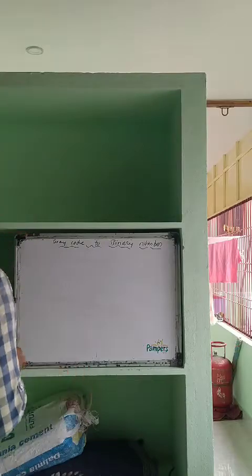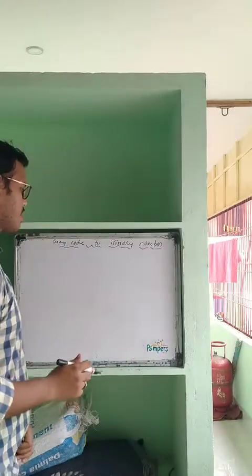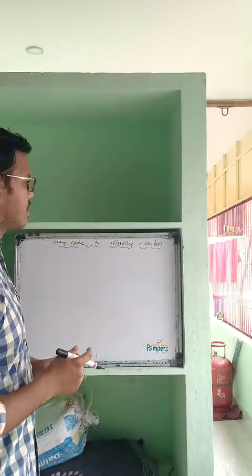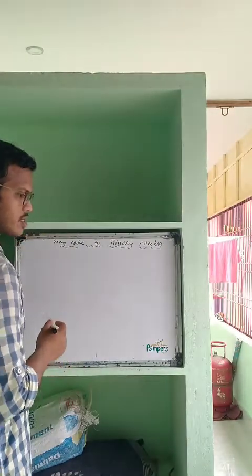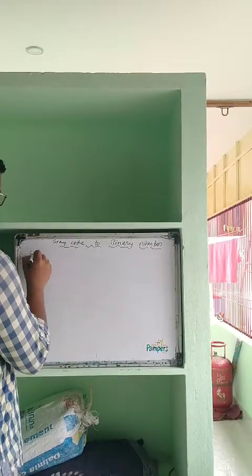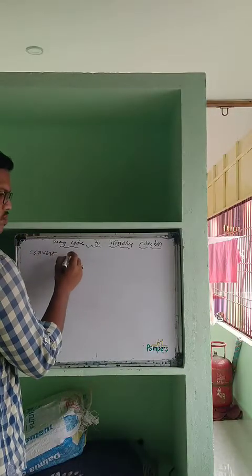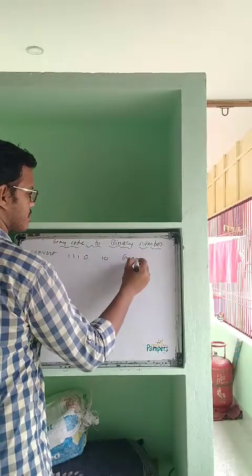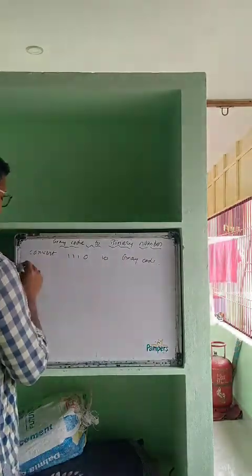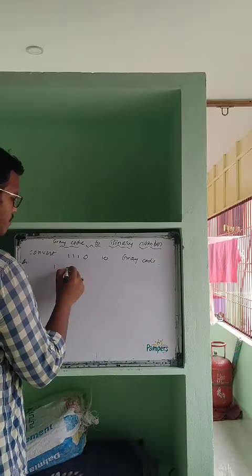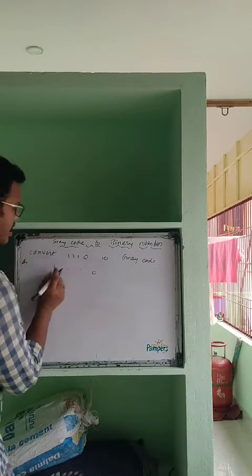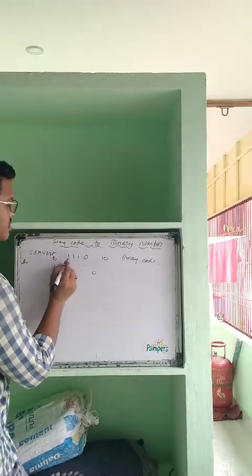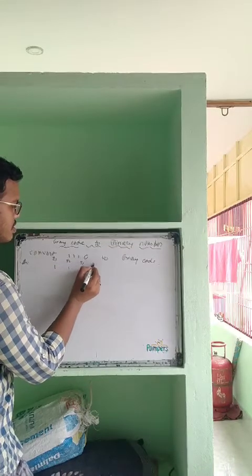Let me solve one problem based on gray code to binary number conversion. The first problem is to convert 1110 from gray code. Name these bits G3, G2, G1, G0.